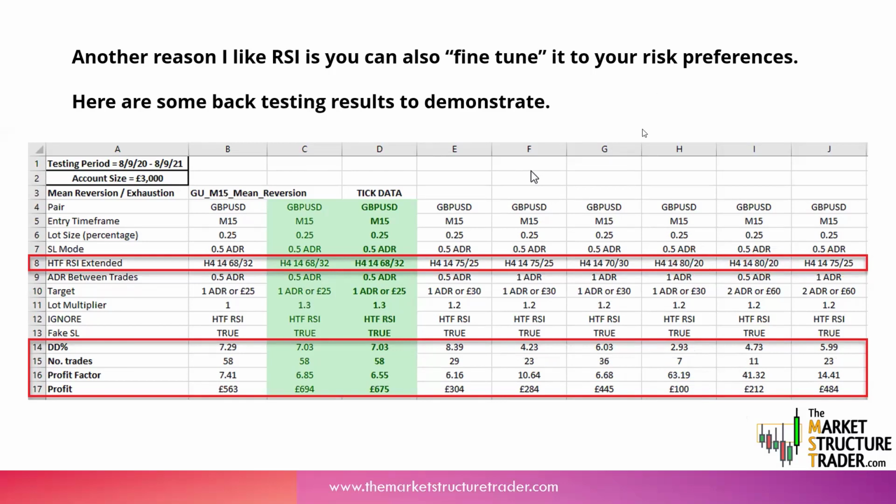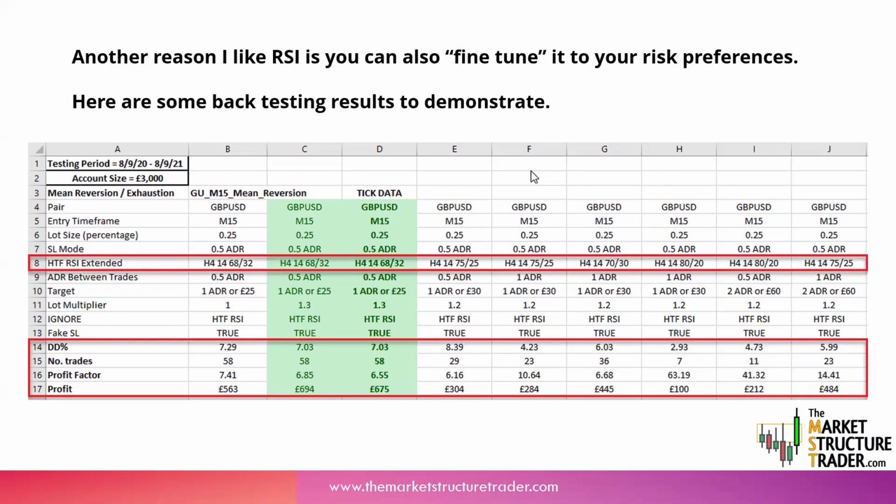So if you are the type of trader that wants to take very low risk entries with a higher strike rate, you can use RSI levels to help you just get into trades when those conditions are met. So you can use it if you wanted to, say, use the 68-32 level to get in more aggressively.